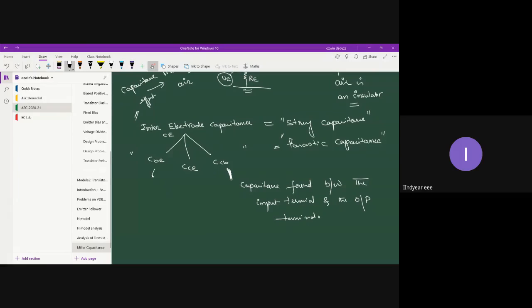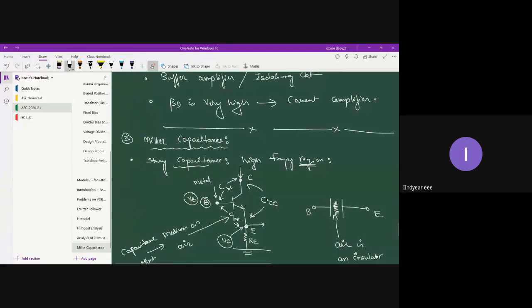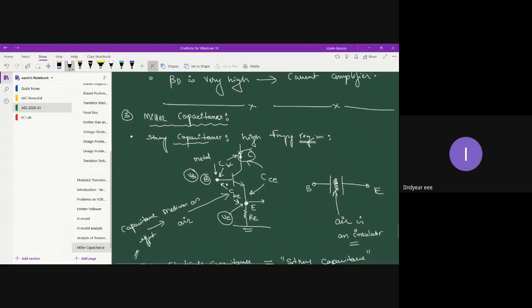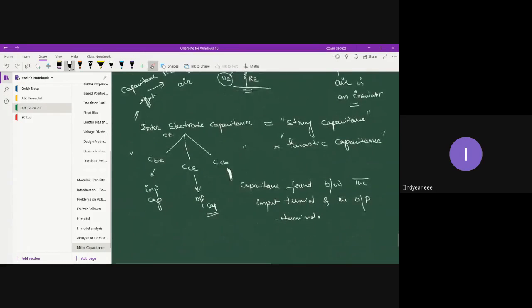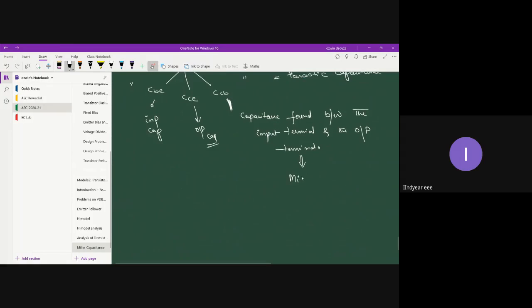See, this is your input capacitance, base to emitter, and collector to emitter is kind of output capacitance. But collector to base capacitance is the capacitance measured from the input base terminal and the output collector terminal, and that capacitance is the largest in comparison with the other two. So this effect was observed by a telecom engineer called Miller. Hence the name is given as Miller effect capacitance.